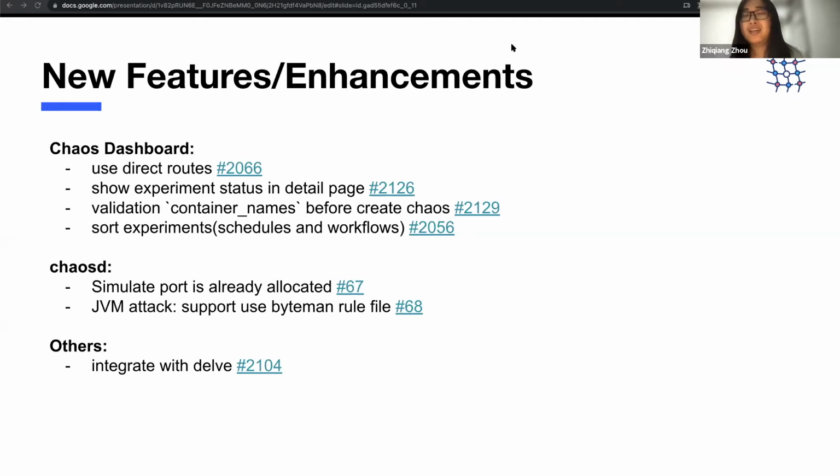After that, you can easily expose Chaos Dashboard behind a reverse proxy server with any prefix as a URL path. And there are several improvements to user experience on the Chaos Dashboard. And here is Chaosd, and Chaosd supports one more type of chaos. It could simulate a port that is already allocated.